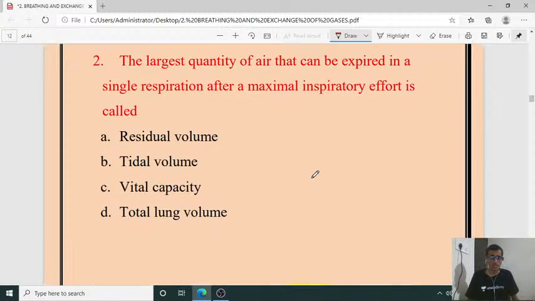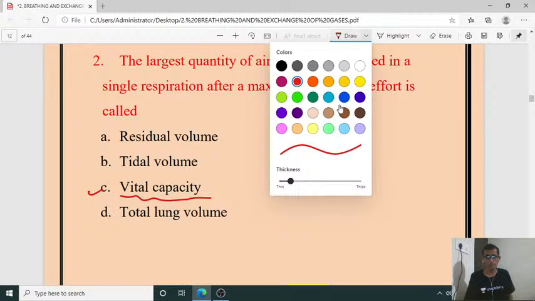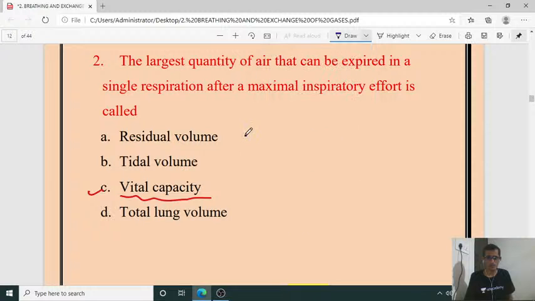Second one: the largest quantity of air that can be expired in a single respiration after a maximal inspiratory effort is called what? What is the volume? It is the vital capacity. Vital capacity of the entire lungs is the largest quantity of air a person can inspire, and it can be expired in a single respiration after a maximum inspiratory effort.